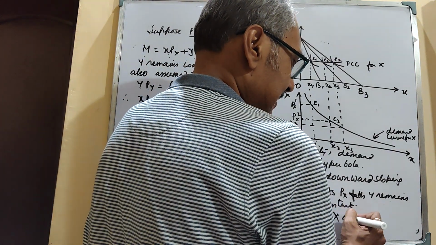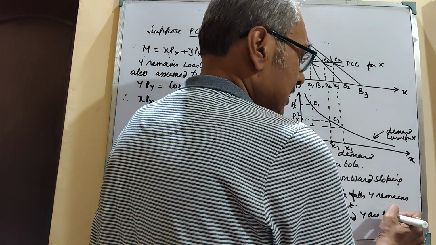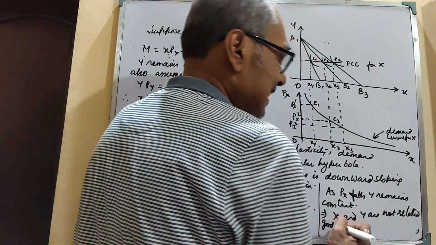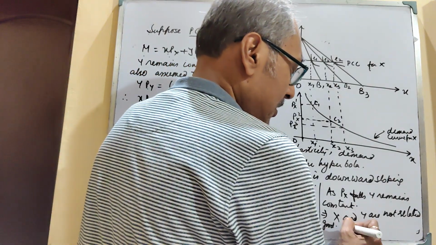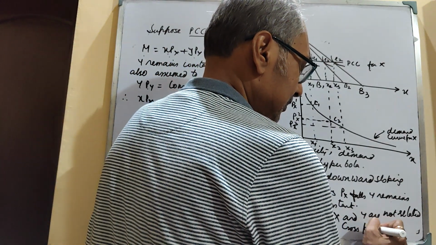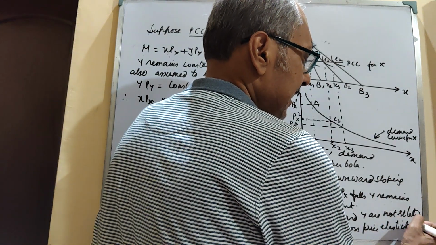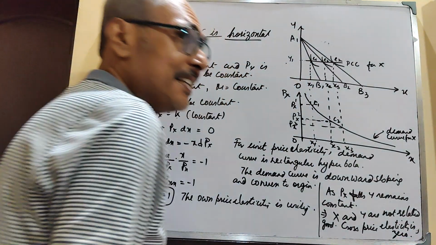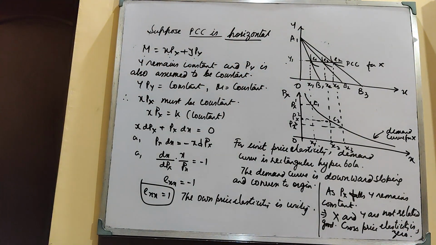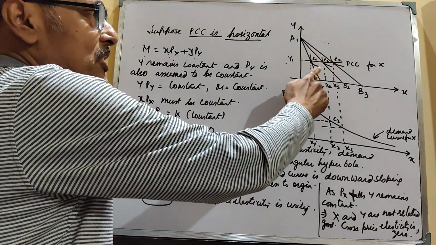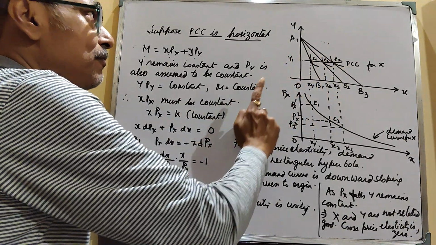This implies x and y are not related goods. Cross price elasticity is 0. X and y are not related goods. Cross price elasticity is 0. I hope everybody understood this part. That is, we have done PCC is upward sloping, PCC is horizontal, PCC is vertical.